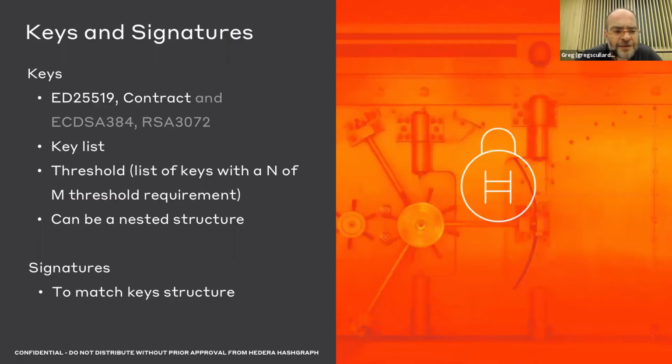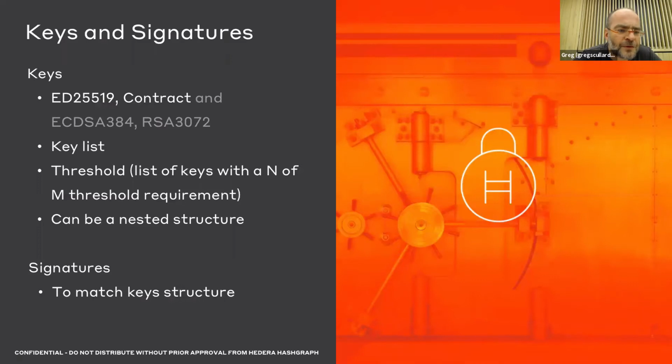Moreover, we have key lists with thresholds. Those are the same as a key list, but where only n of m signatures are required. Taking the same example of Andy, Andrew, and myself having an account, all three of our keys could be in that threshold list. We're all account holders, but we could have a threshold of 2 of 3, meaning that only 2 of us need to sign an outgoing transaction. The third person is not required.